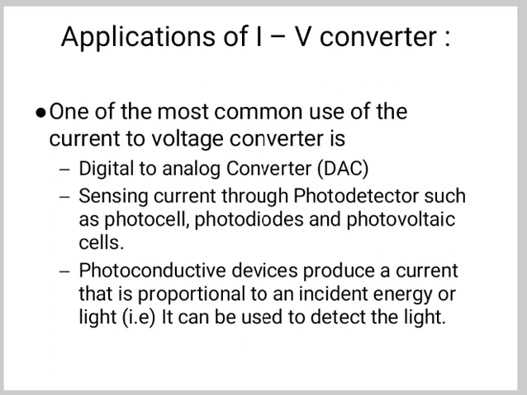The transimpedance amplifier uses an op-amp and feedback resistor to generate an output voltage that is proportional to the input current. The magnitude of the gain is equal to the feedback resistance, and since inversion occurs, the circuit's transfer function is Vout is minus I in into Rf.